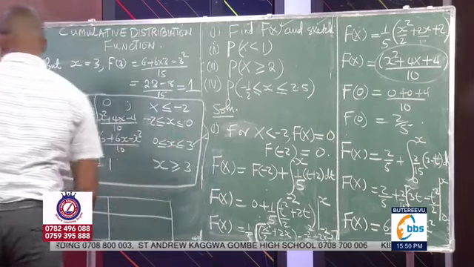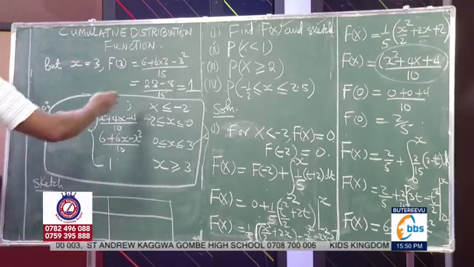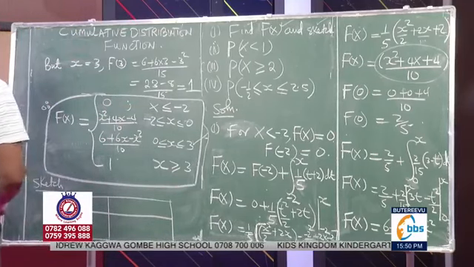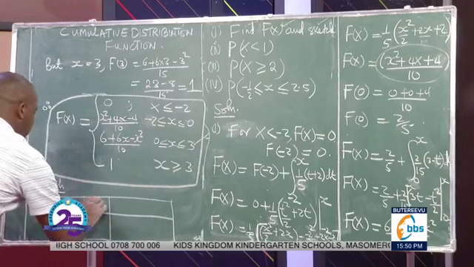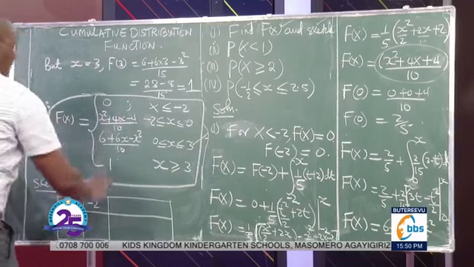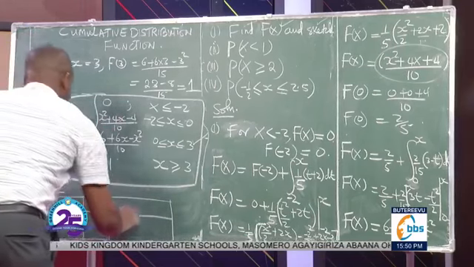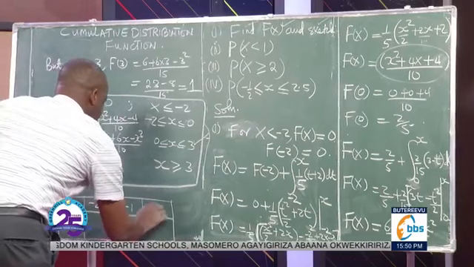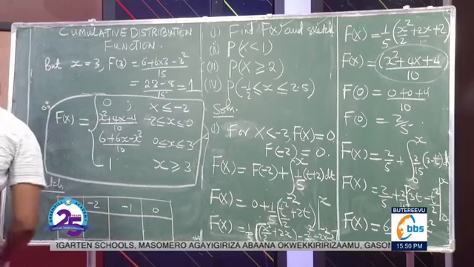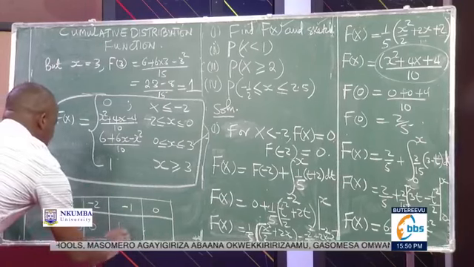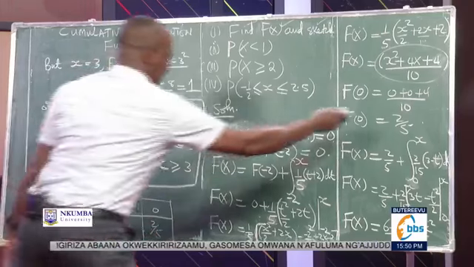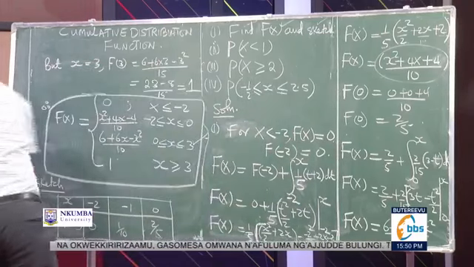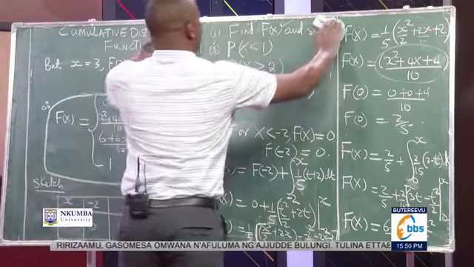We shall mainly focus on this, but we shall also focus on that as well. So if I start with this one, from -2, since it is a curve, we shall include another value, say -1 and 0. We get our f of x. This should be 0, this should be 1 out of 10, and this should be 2 out of 5, which we got there. The coordinates can be picked from there.